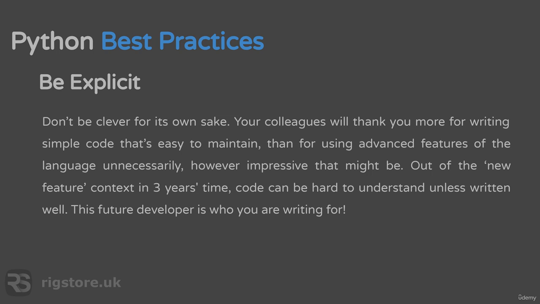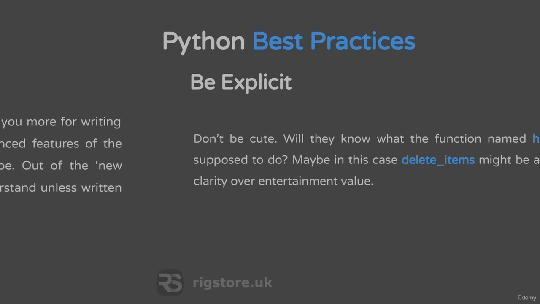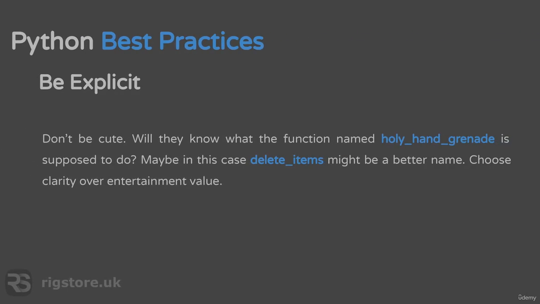Out of the new feature context in 3 years' time, code can be hard to understand unless written well. This future developer is who you are writing for. Remember that. It's not you, it's the future developer that doesn't remember or has never looked at this code before. So, as we said, don't be cute.